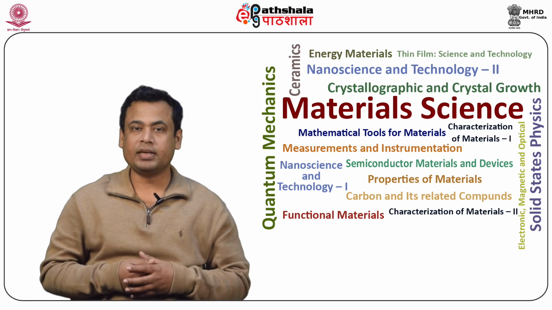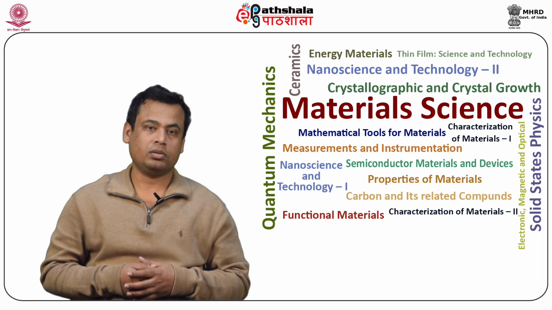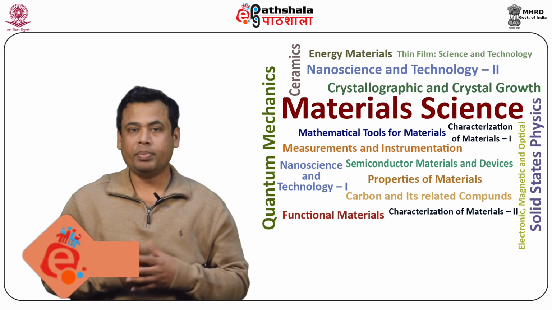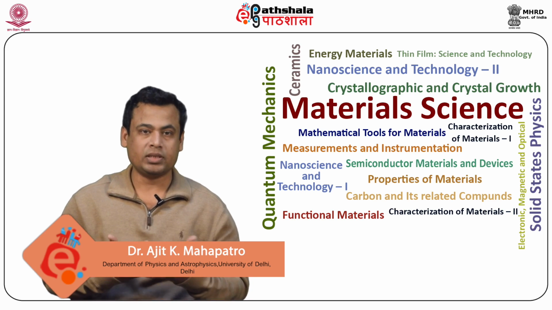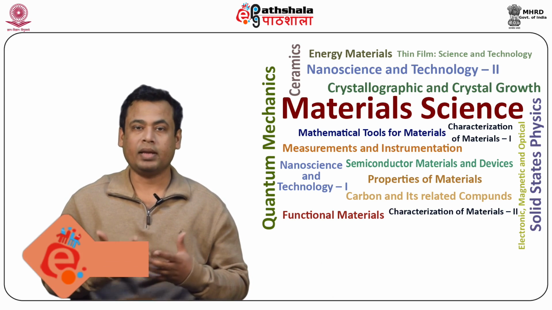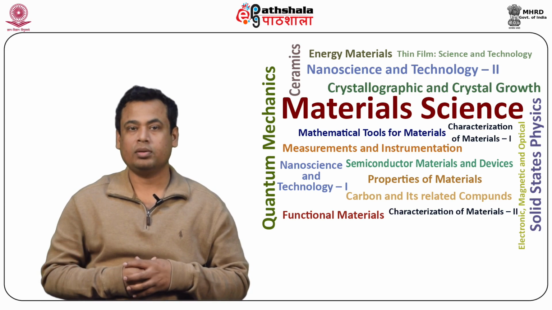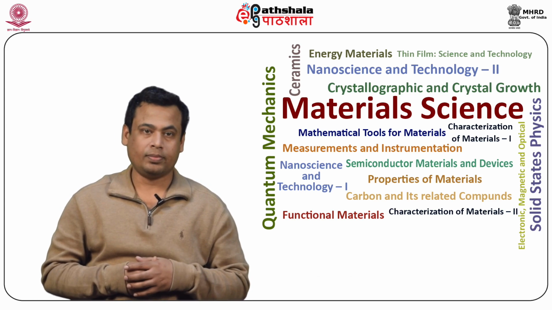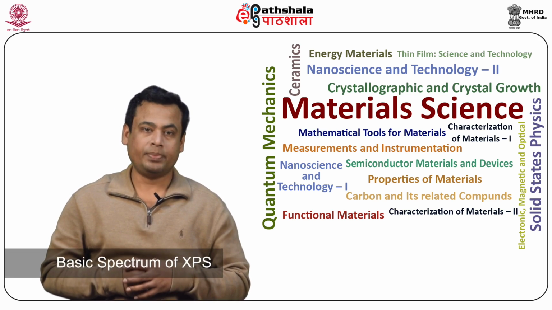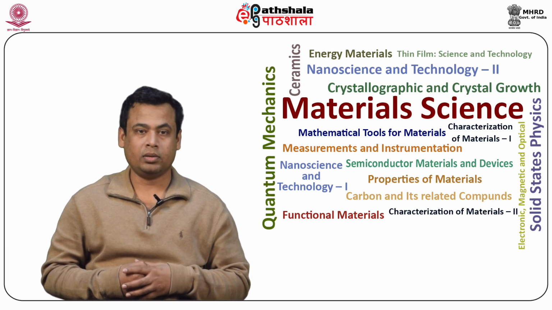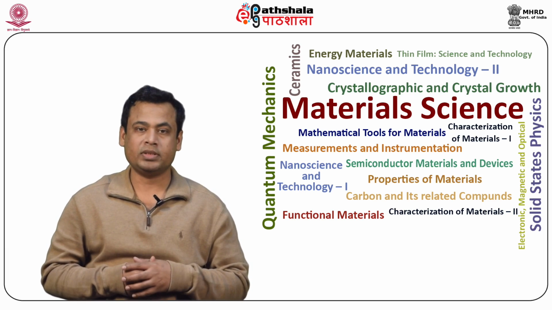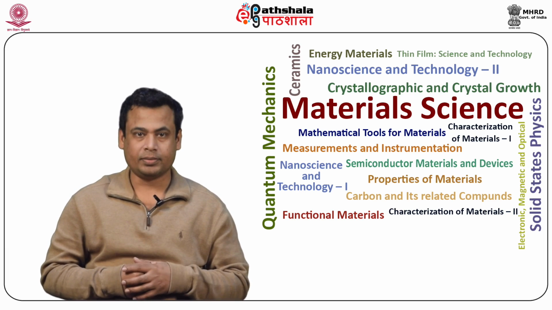The instrumentation of XPS with main parts such as electron gun, ion gun, X-ray gun and electron energy analyzer has been discussed, and the basic spectrum of XPS with an example spectrum of a clean silver surface has been demonstrated. Thank you.